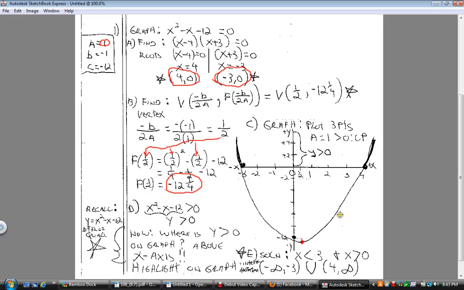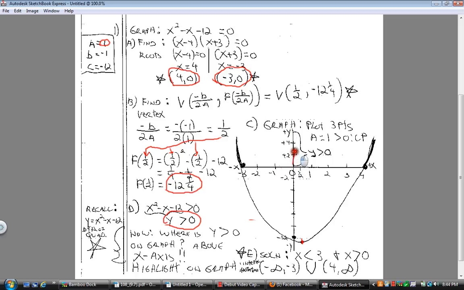Now the new concept here is y is greater than 0 is represented by the trinomial, x squared minus x minus 12 is greater than 0. That can be replaced with y. And when we do that, what you want to do is look on the y-axis and find where y is greater than 0.